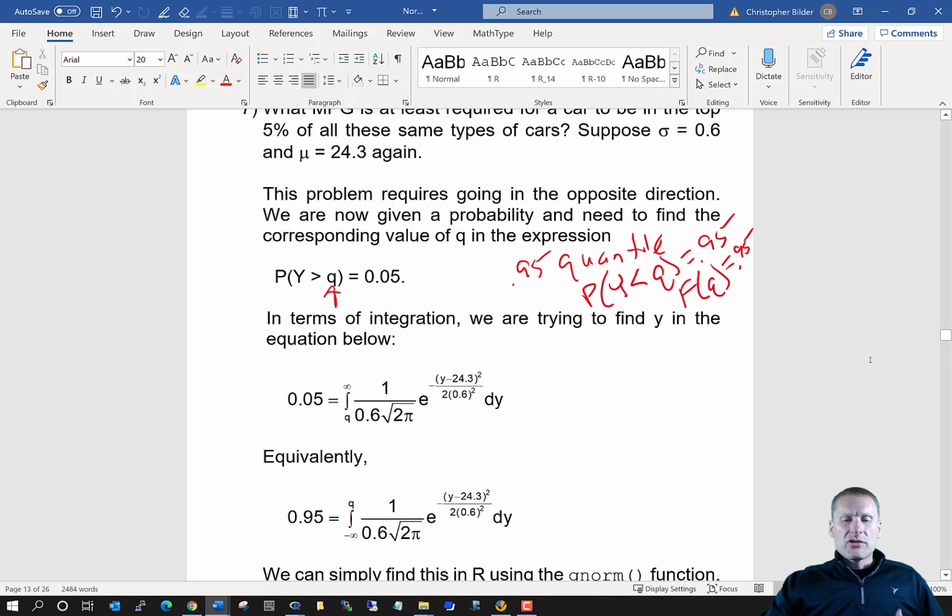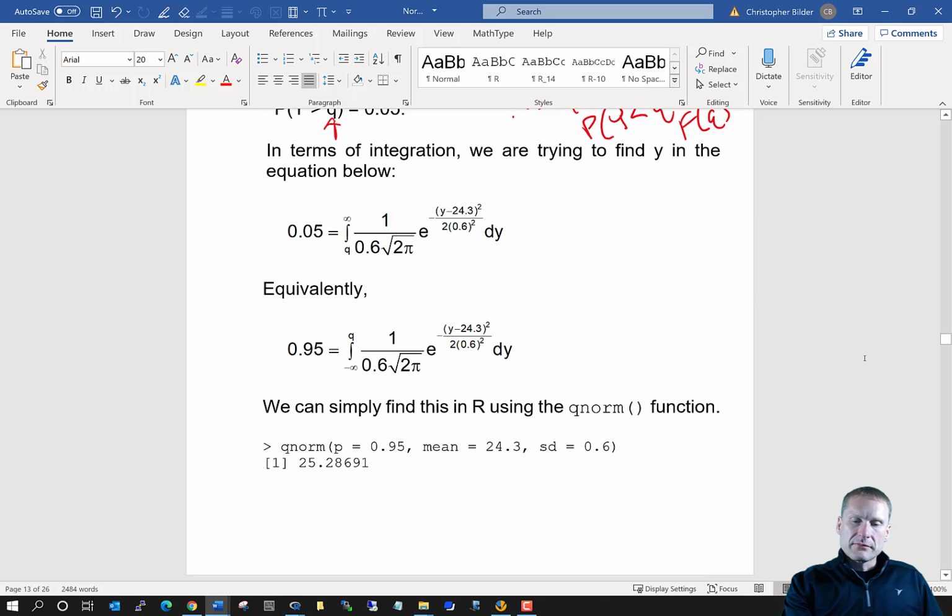In terms of integration, this is what we're trying to do. Set 0.05 is equal to the integral from Q to positive infinity of f of y dy, or equivalently 0.95 is equal to the integral from negative infinity to Q of f of y dy, solved for Q. Rather than setting up ways that we've looked at in the past to do this solve part here, there is actually a function in R that automatically does it for us.